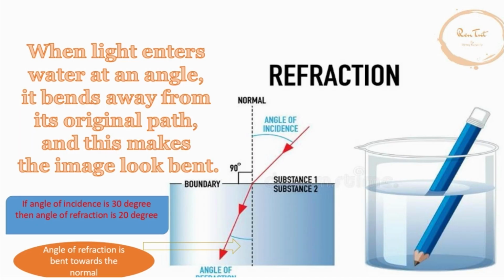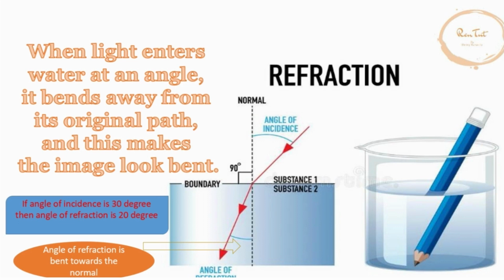Now when the light enters at an angle, it bends away from the original path. In this case, you can see if the angle of incidence is, suppose, 30 degrees. We are just taking a rough example. Then the angle of refraction is always less than the angle of incidence. So suppose it is 20 degrees, just for simplicity's sake, so that we can understand.